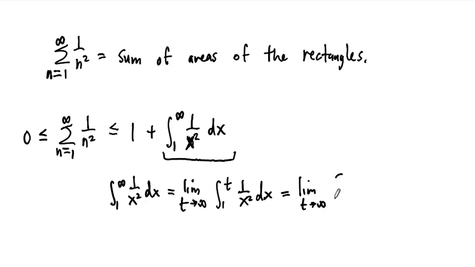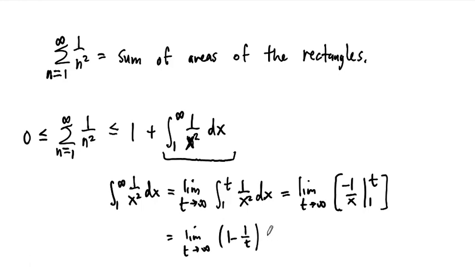The antiderivative becomes negative 1 over x. We plug in 1 and t, and we need to compute the limit as t approaches infinity of 1 minus 1 over t. As t approaches infinity, 1 over t approaches 0, so this limit is 1.